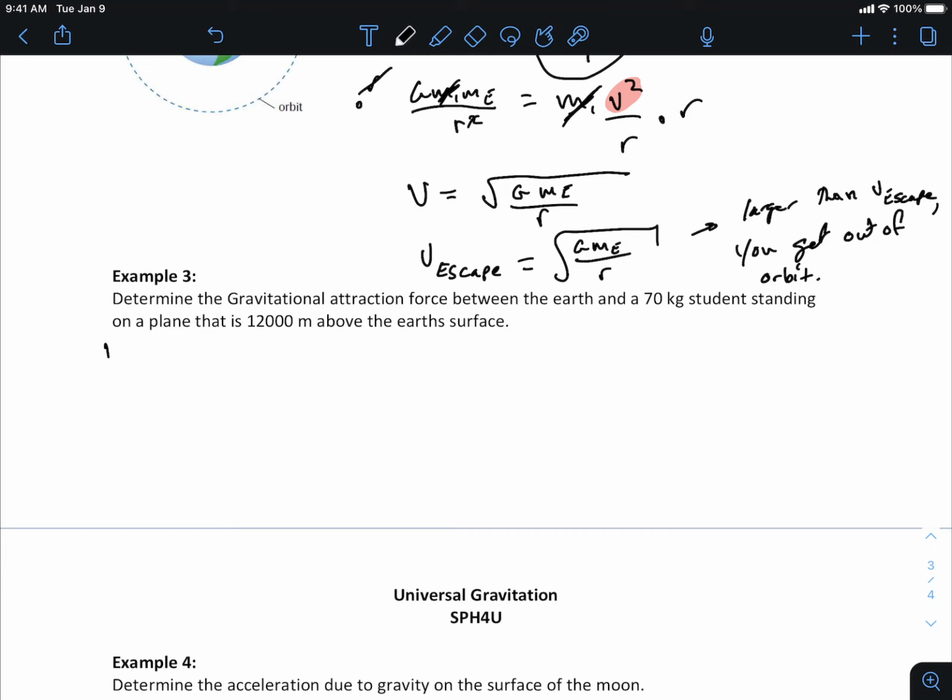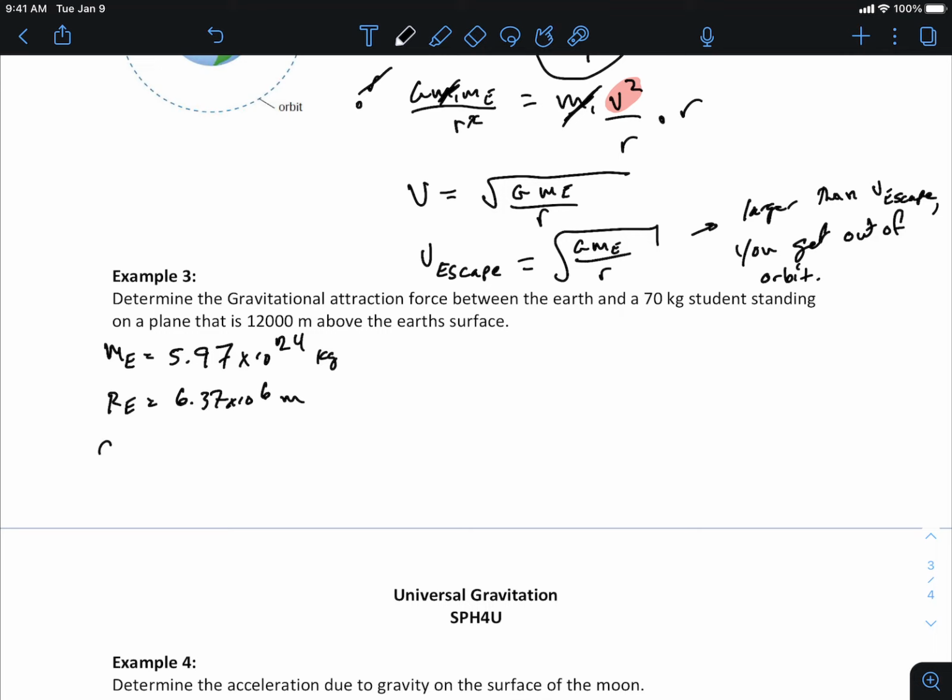So we know the mass of the Earth is 5.97 times 10 to the 24. You guys would always be given this. As you do more physics, you come to learn some of these constants like the back of your hand. The radius of the Earth, you will also be given: 6.37 times 10 to the 6 meters, not kilograms.